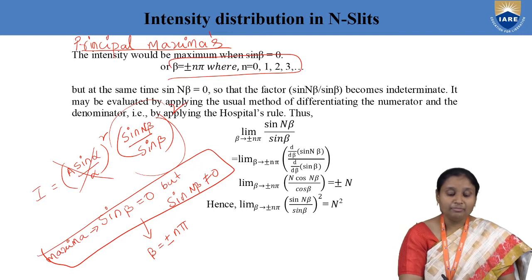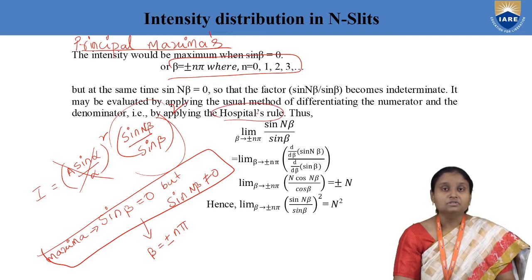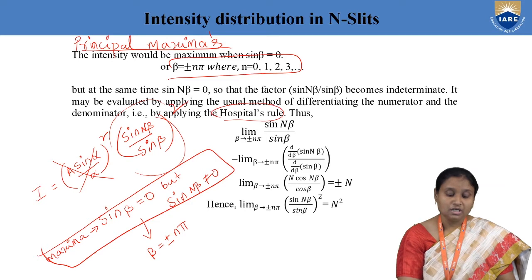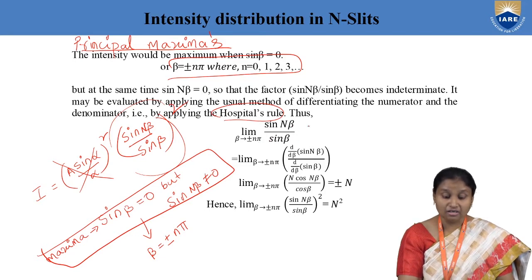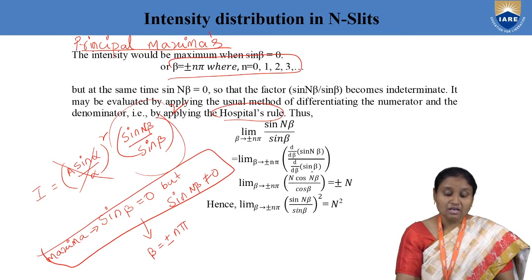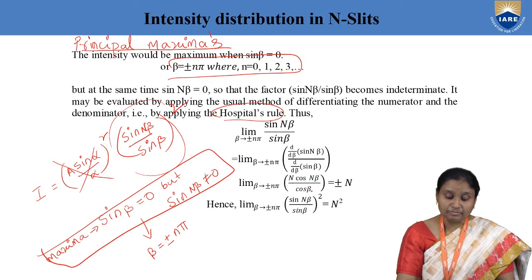For that, I'm making use of L'Hospital's rule. If I consider my beta value to be plus or minus nπ, then this ratio sin nβ by sin β, using L'Hospital's rule, I differentiate both numerator and denominator with respect to beta. Differentiating sin nβ gives n cos nβ, and sin β becomes cos β.